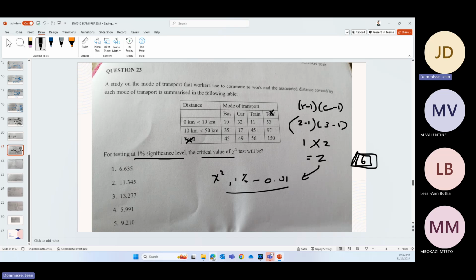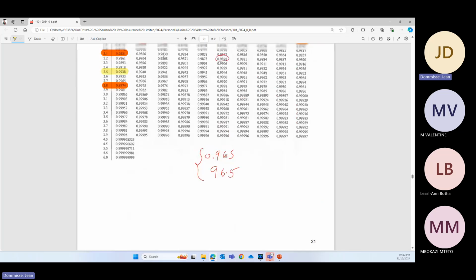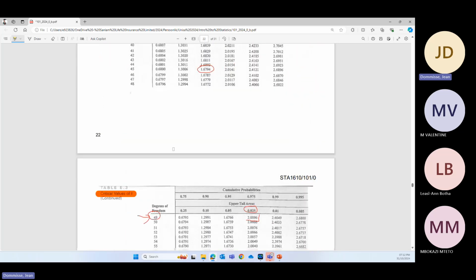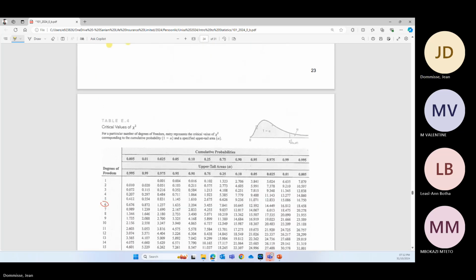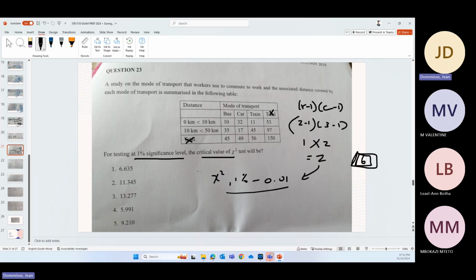So let's go to the table. Just want to see where we need to go to. Okay, 2, 0.01. So it is 4.605. Let's hope. Oi, am I at the right table?